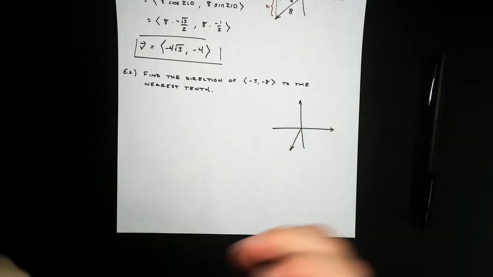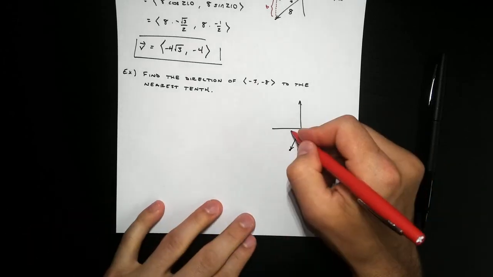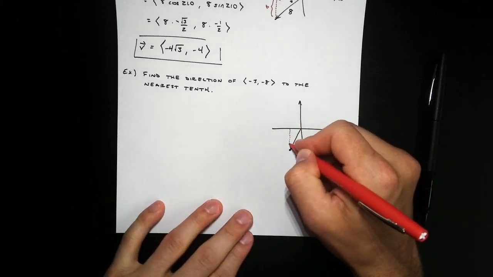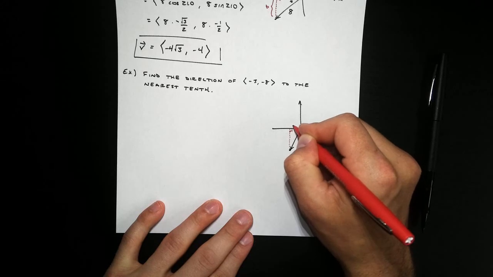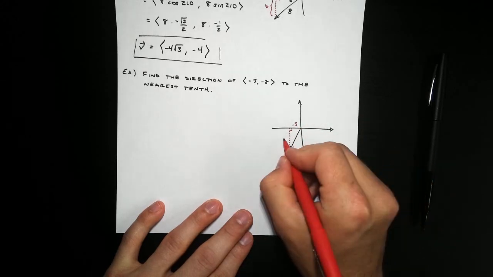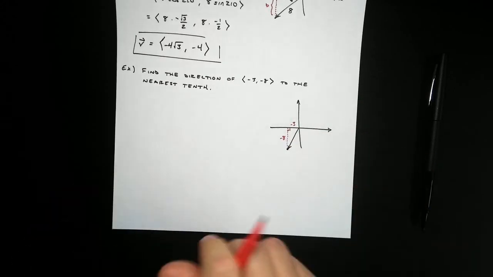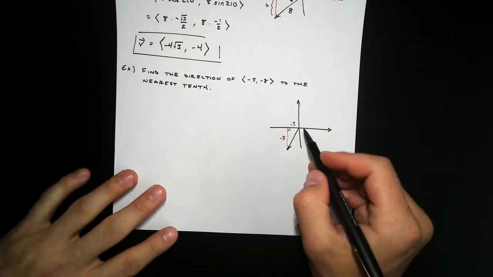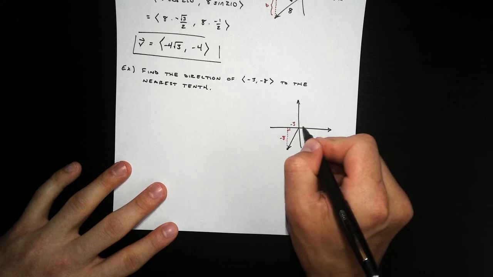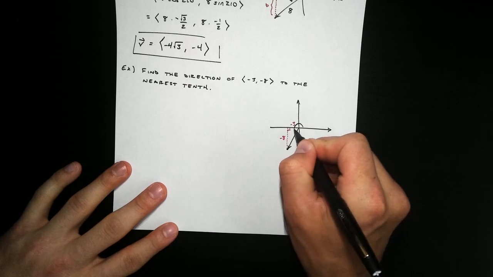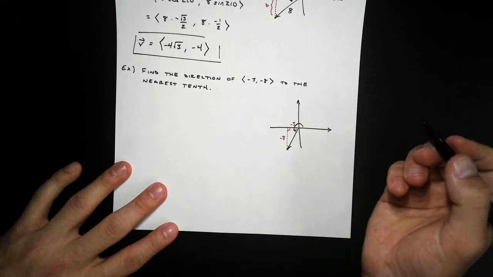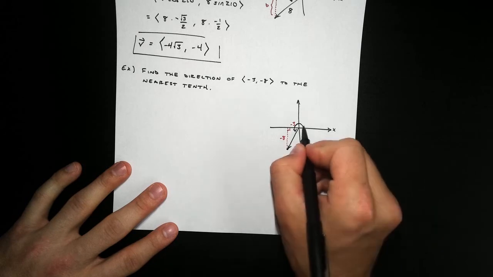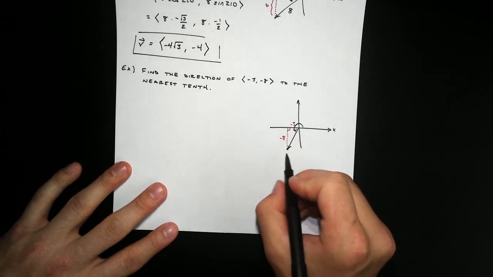And again, if I draw in the triangle here, so we're going negative 3 in the x direction, negative 8 in the y direction. As a triangle, maybe those would be positive, but we want the direction. So we want to find this angle, right? Starting from x and then rotated to where this vector is.